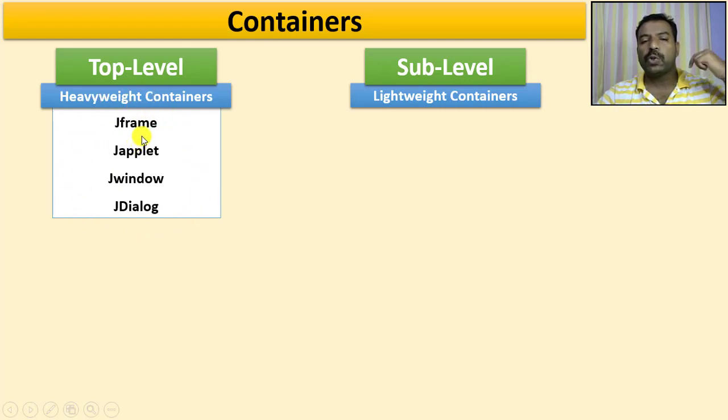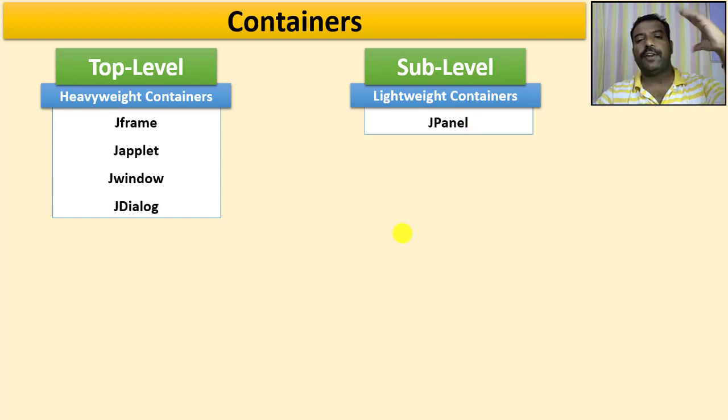Whenever I want to put any component, I am going to first use the frame. Without a frame, I cannot even put a single component, and I cannot have any further container in my application. Similarly, I am going to have the JApplet, JWindow, and JDialog classes. Now if I talk about the sub level, at this point I am going to have JPanel.